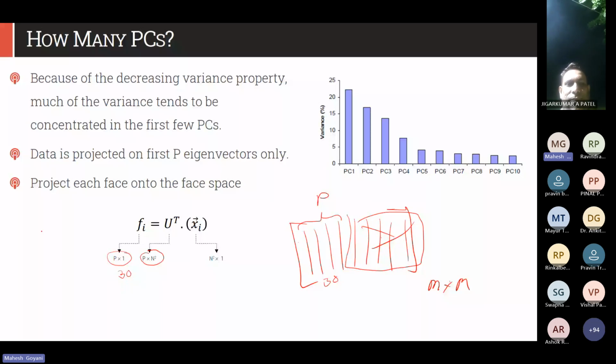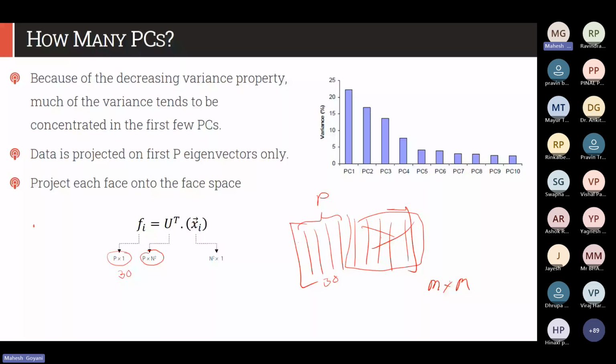If you remember, I had a 3-dimensional data point. When I was projecting it on 2 axes, the dimension of that point was just 2. From 3D, I was making it 2D. Similarly, from a 90,000-dimensional image, I'm making it 30-dimensional by projecting it on 30 different eigenvectors. And see, the first eigenvector will preserve the highest variance in the data. The second will have the second highest variance. The third will have the third highest variance.